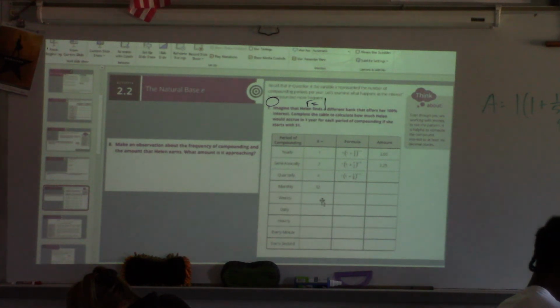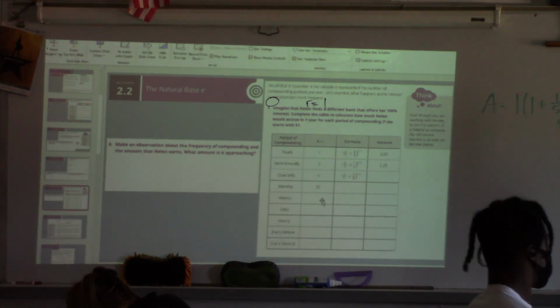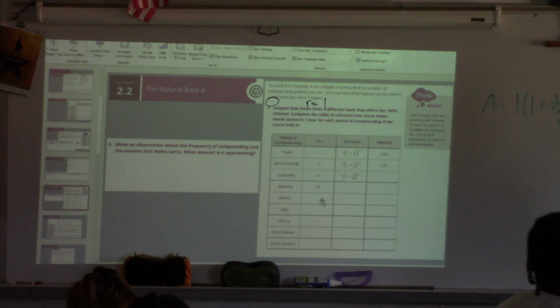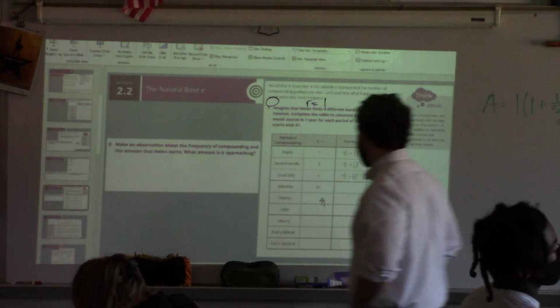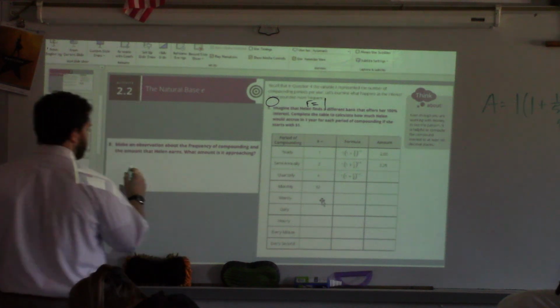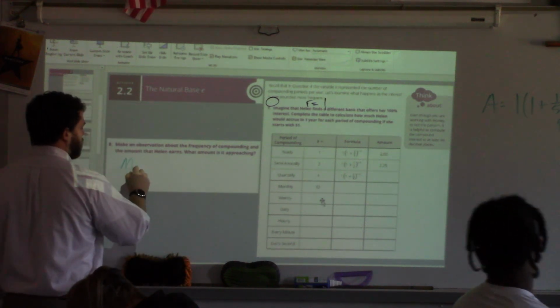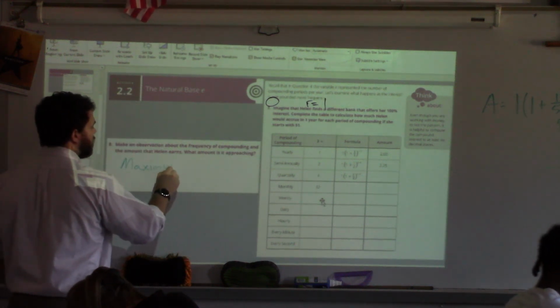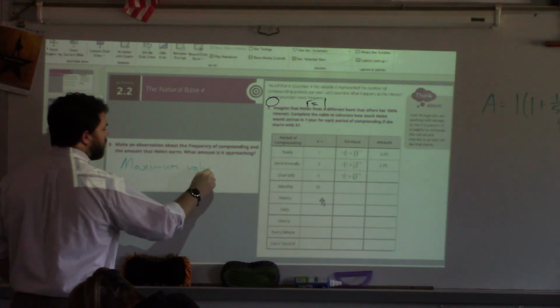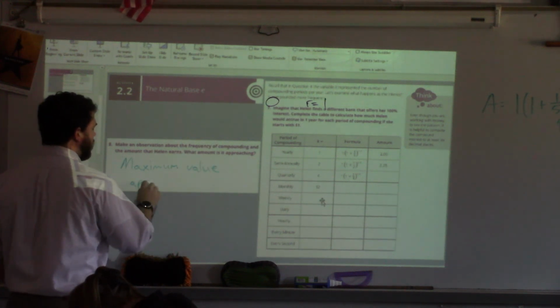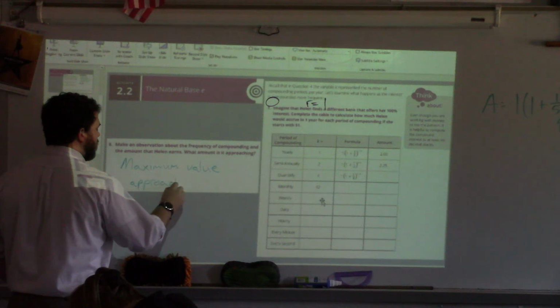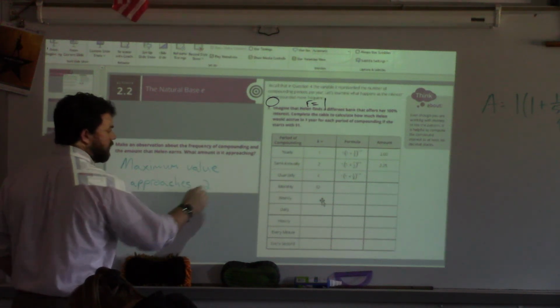So I want you to notice number 8 says, make an observation about the frequency of compounding and the amount that Helen earns. What amount is it approaching? So the maximum value approaches what number? 2.72.